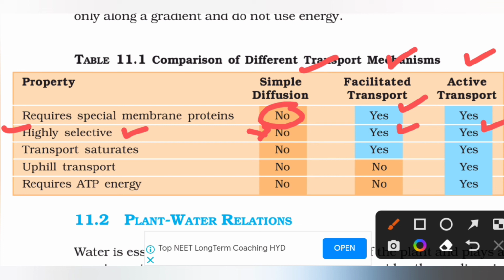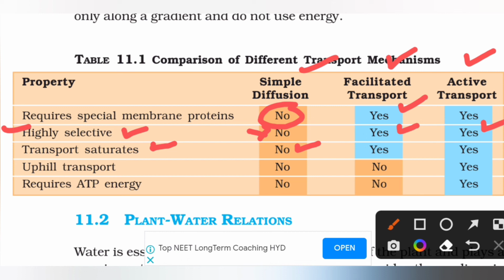Now about saturation, right? Diffusion is an independent phenomenon, we can say. It doesn't depend on other molecules or other living systems, so saturation is also not present.